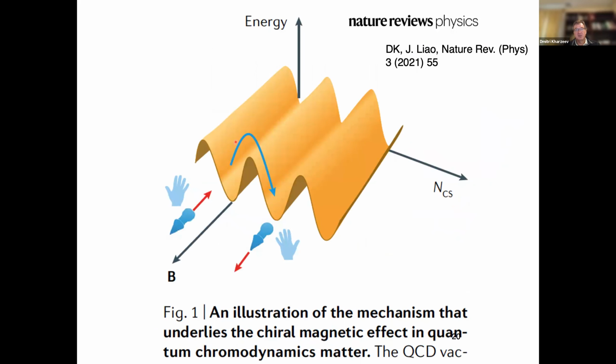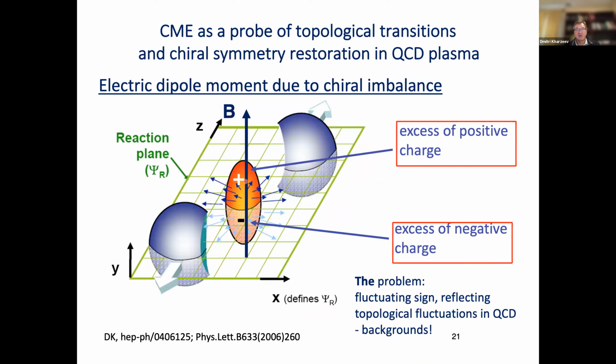Okay, so now again, once we have a magnetic field and we have a sphaleron transition, this sphaleron transition gives us a fluctuation of electric current, and a fluctuation of electric current is bound to give us a fluctuating electric dipole moment, right? Because the current is just the time derivative of the electric dipole moment. So if I integrate current over time, I will get a fluctuating electric dipole moment. Now what we have is a system of quarks, and there is an excess of positive charge, let's say, above the reaction plane, and an excess of negative charge below the reaction plane.